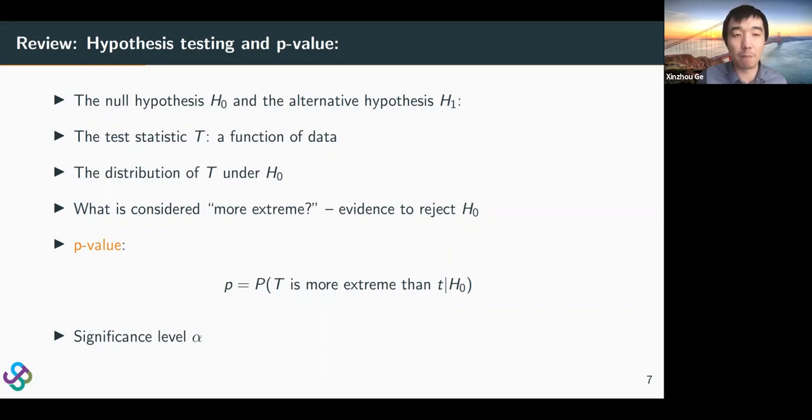There are some basic components of hypothesis testing, including the null hypothesis and the alternative hypothesis. We also have a test statistic, which is a function of data. And we should know the distribution of the test statistic when the null hypothesis is true.